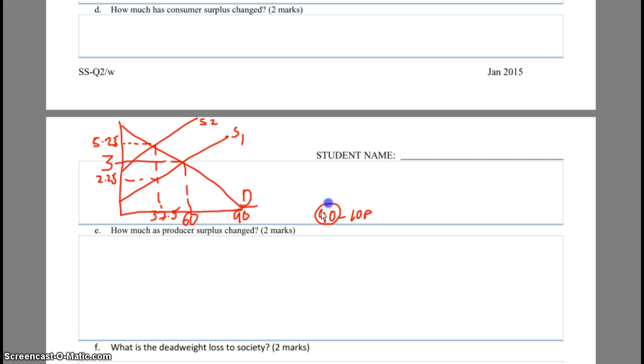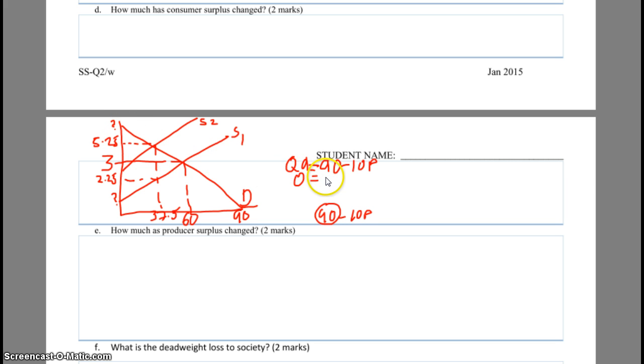Okay, so this is the autonomous quantity, so we know that that's the Q-intercept. So we need to work out the P-intercept for demand and the P-intercept for supply, so we can work out the consumer and producer surplus. Okay, so the P-intercept for demand first. We've got 90 minus 10p, and we need to set that to 0, because quantity demanded is 0 there.